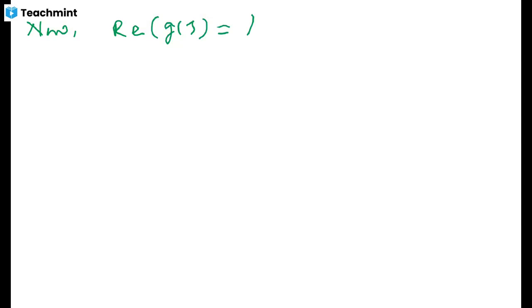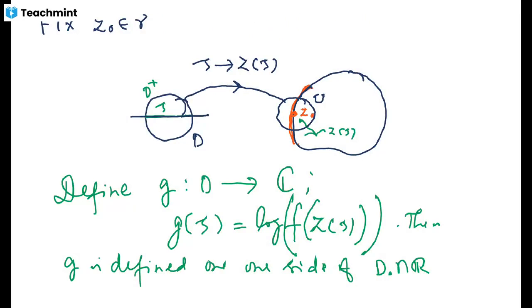It is the natural log of the modulus of f of z of zeta. And according to the hypothesis, whenever a point in the domain D approaches this part of the gamma, the modulus of the image of that point goes to 1.